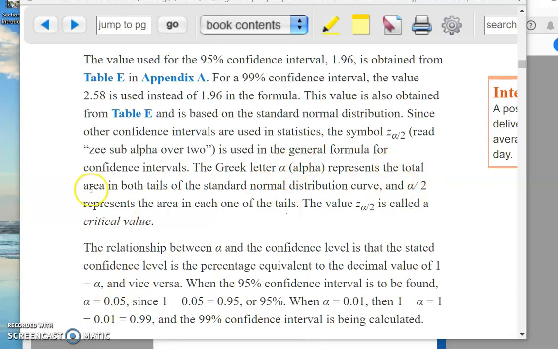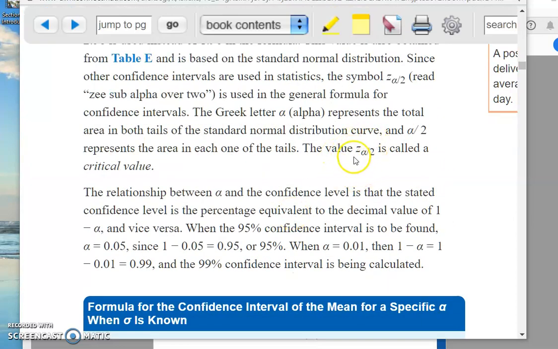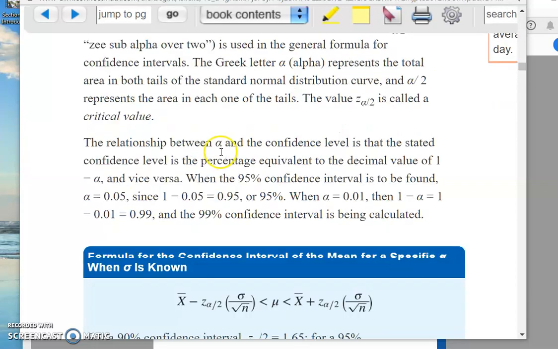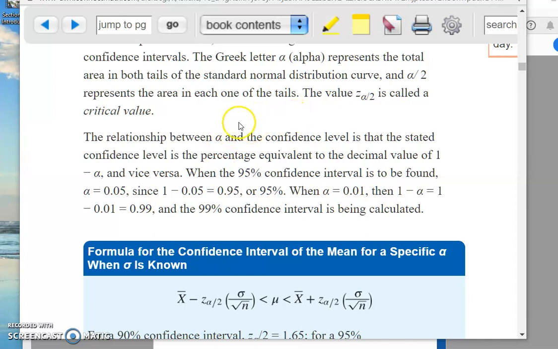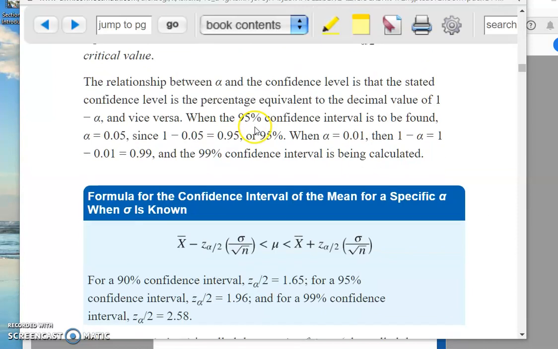So alpha represents the total area in both tails, the right-hand side and the left-hand side. So half of it is on the right, half of it is on the left. This z sub alpha over 2 represents that number that we need to get that particular alpha on both sides. So that gives us this formula, and we'll talk about that in the next tape.